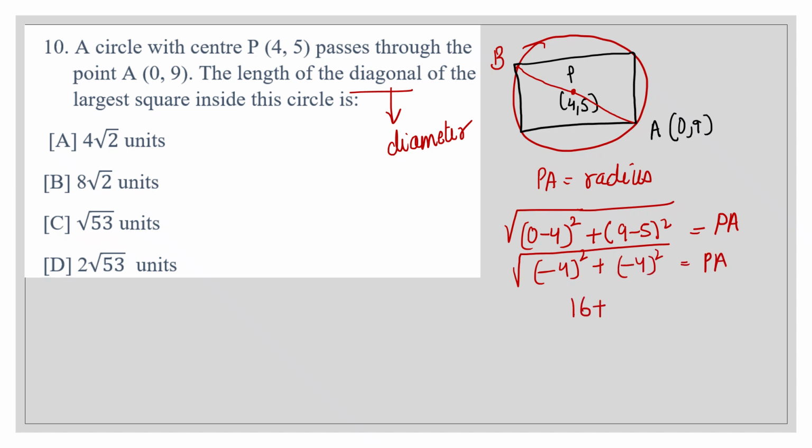So 16 plus 16, this is 2 into 16, or you can write 32. Here 4 will come out of the root. PA is 4 root 2. Double of 4 root 2 is 8 root 2.